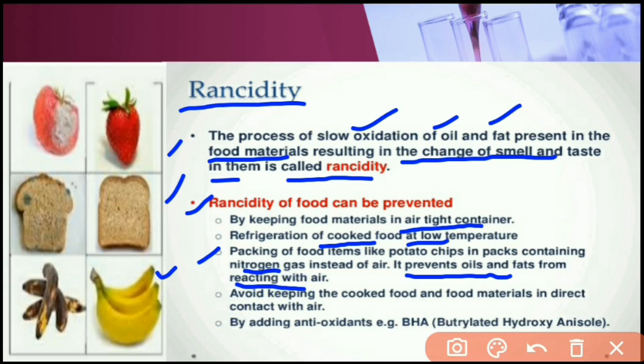Avoid keeping cooked food and food material in direct contact with air, and add an antioxidant, for example BHA, butylated hydroxyanisole. So it prevents the process of rancidity, and we can prevent oxidation by using these methods.